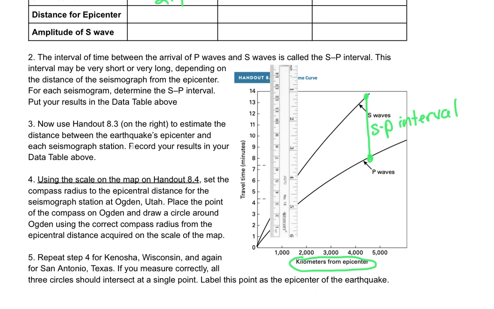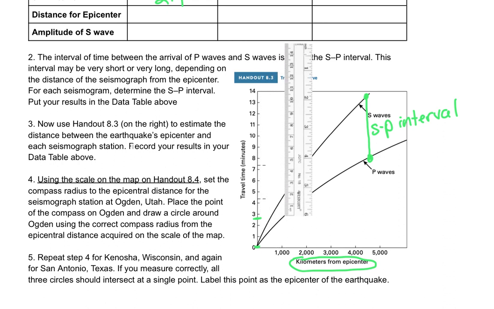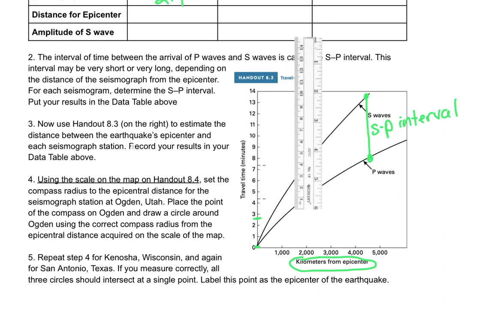So now I'm going to mark my 2.4 on the y-axis. And now when I bring my ruler down, I can see these tick marks. Each tick mark is about 1 centimeter, right? So I need to find the point on this graph where the 2 lines are approximately 2.4 centimeters apart.